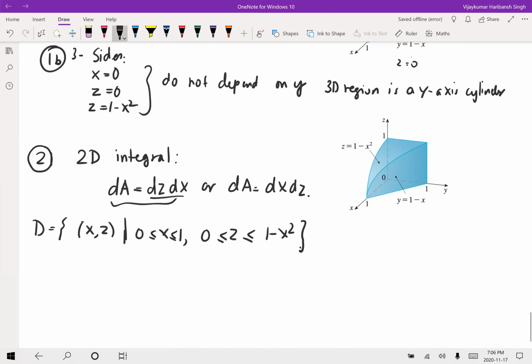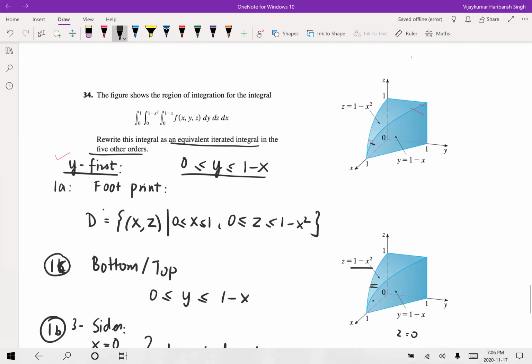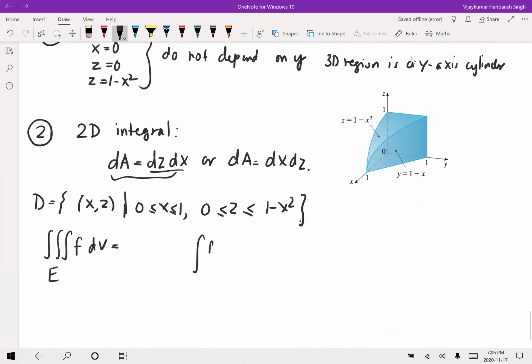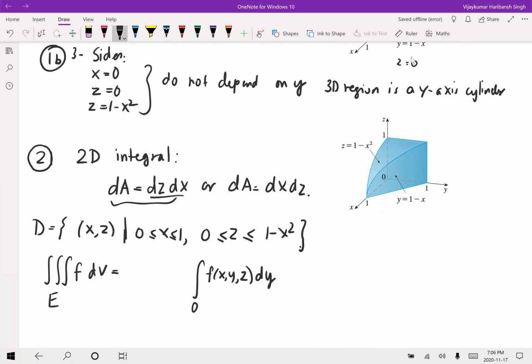So in that case, the integral of f dV is going to be, let's first write y first. f of x, y, z, where y changes from 0 to 1 minus x.